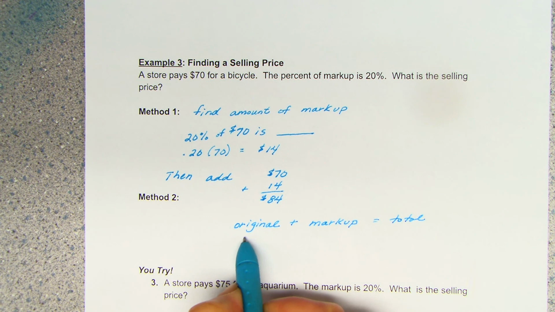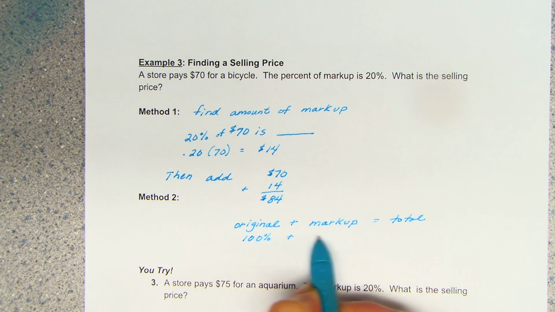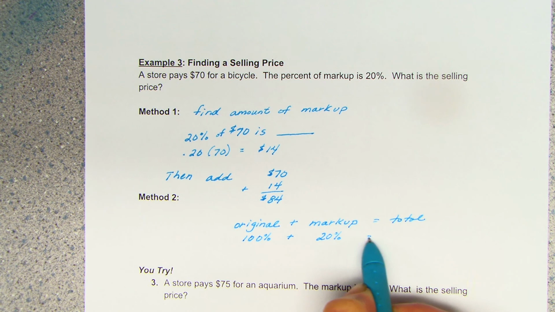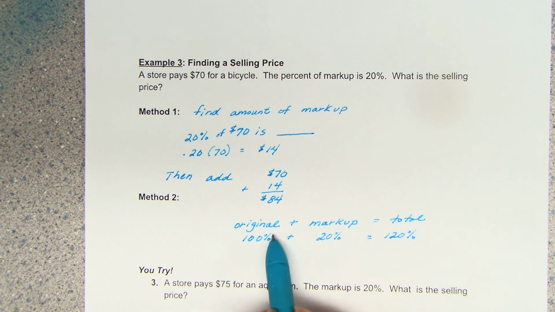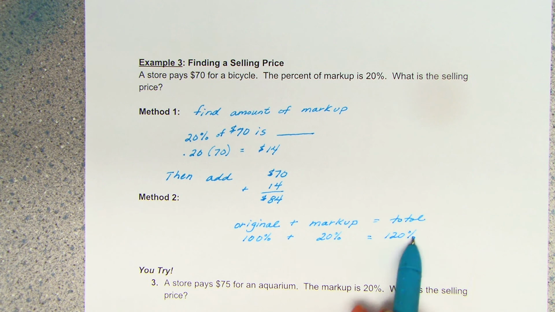So the original percent is 100 plus the markup is 20%. So that's going to be 120%. Does that make sense? If I take the whole amount plus the amount of the markup, that's going to give me 120% of the $70.